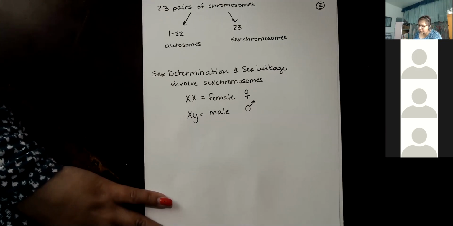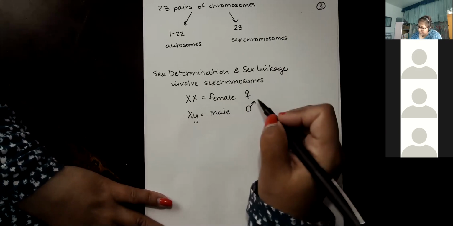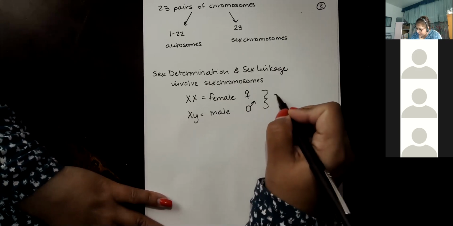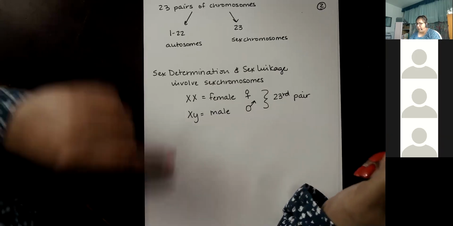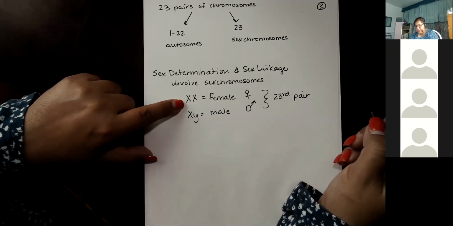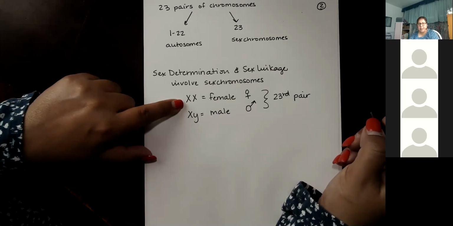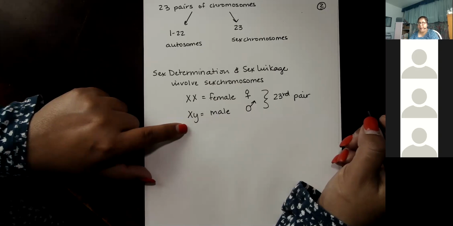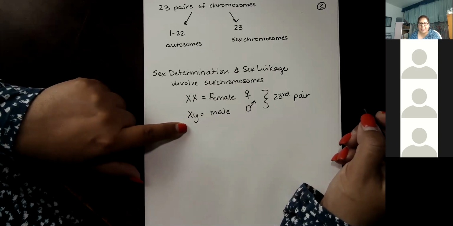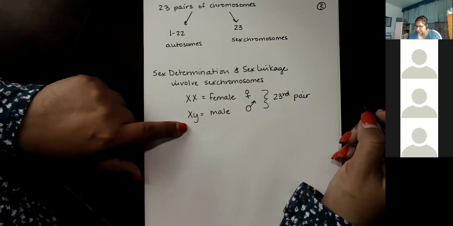But what we actually mean is that at the 23rd pair, if you have two chromosomes that are the same size, then you are typically female. The Y chromosome is not actually Y-shaped, believe it or not, it's just a lot smaller than the X chromosome.